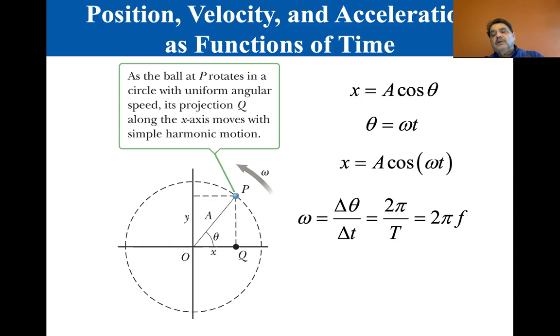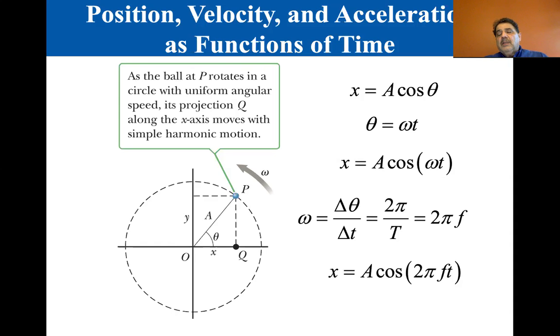So a full circle is 2 pi, and 2 pi divided by the period is omega. The period is the time it takes to go around once in the circle. So omega is equal to 2 pi f, and 2 pi divided by T. So x is equal to a cosine 2 pi f t.